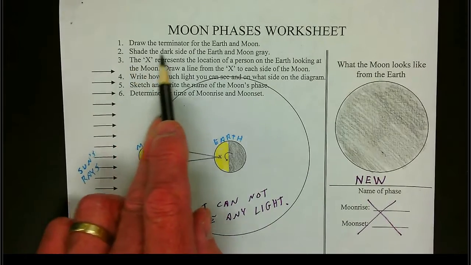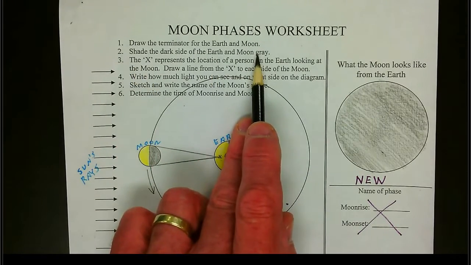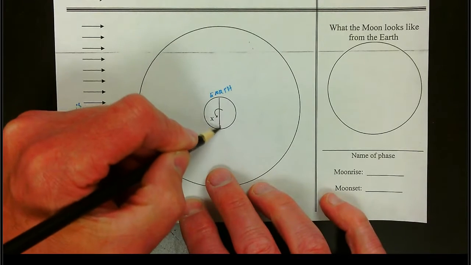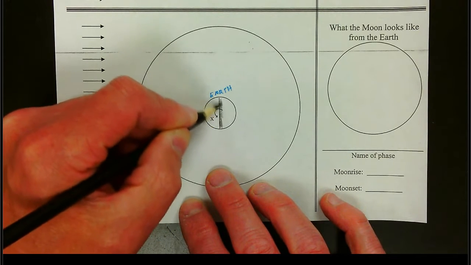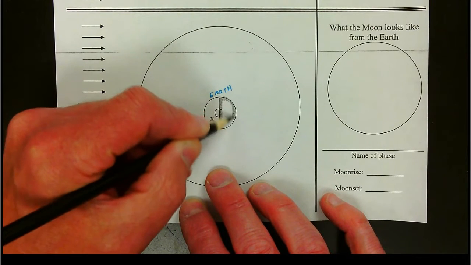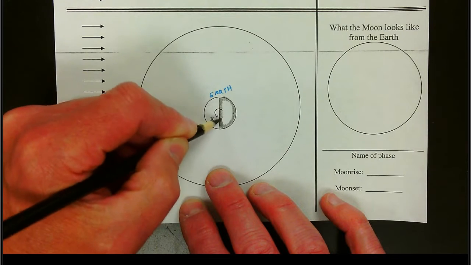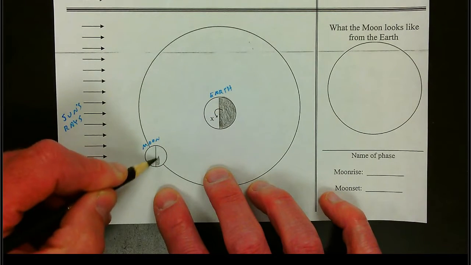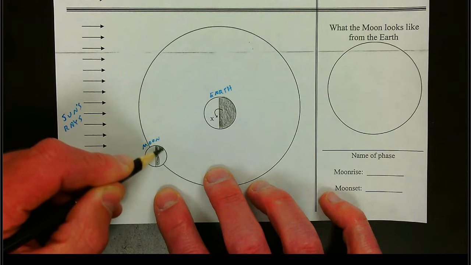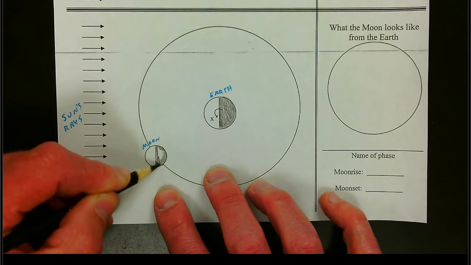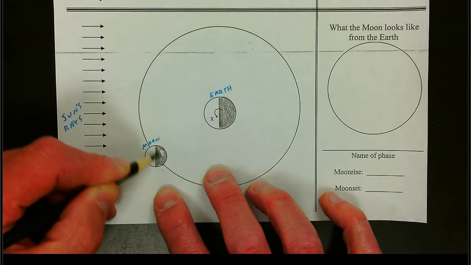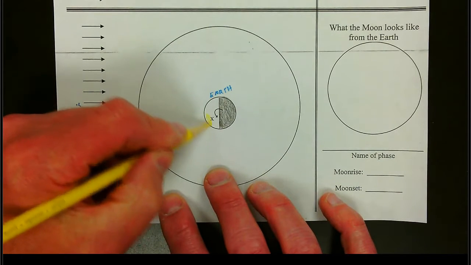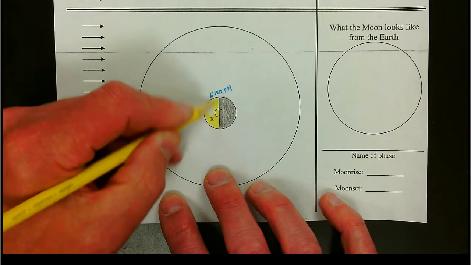Step 2, shade the dark side of the earth and moon gray. Optionally, shade the daytime yellow.